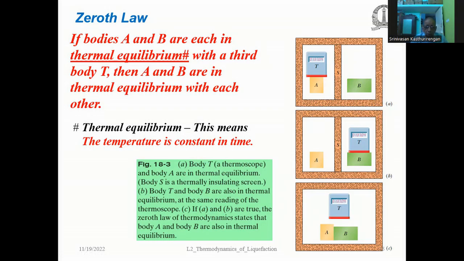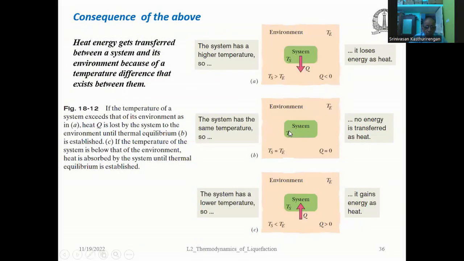This is depicted in this picture. That's your zeroth law of thermodynamics. What is the implication of this? The system always tends towards thermal equilibrium. Suppose a system is at high temperature and kept in an environment at low temperature, then the temperature will go down.